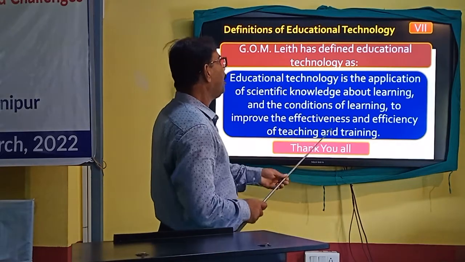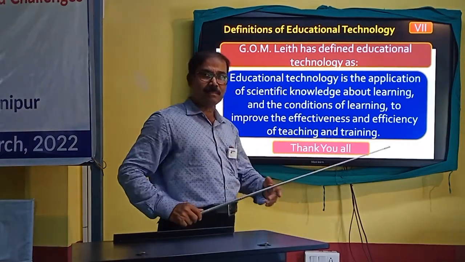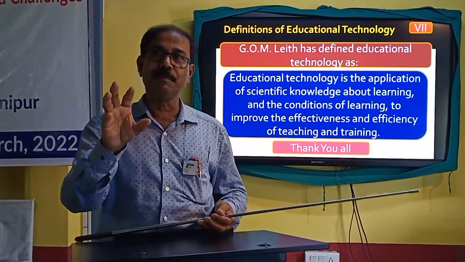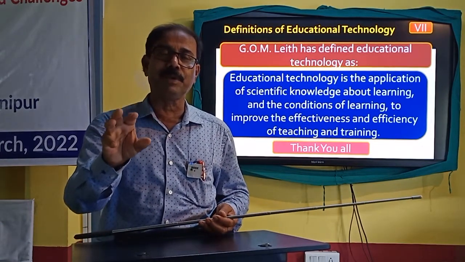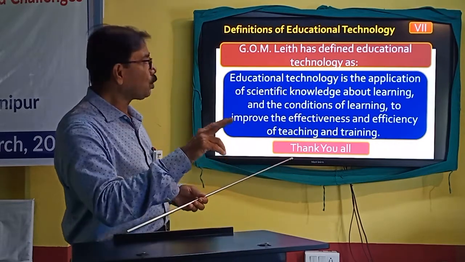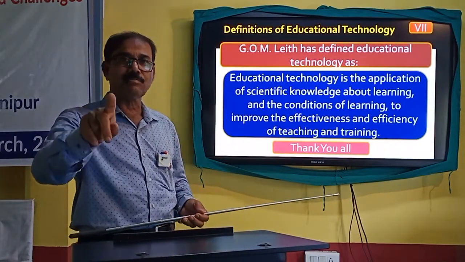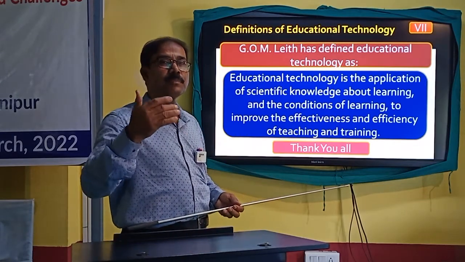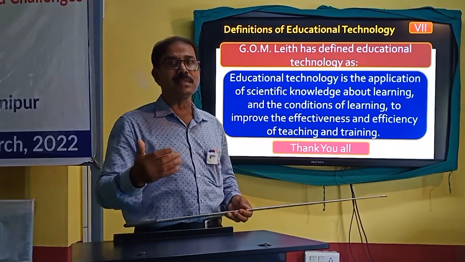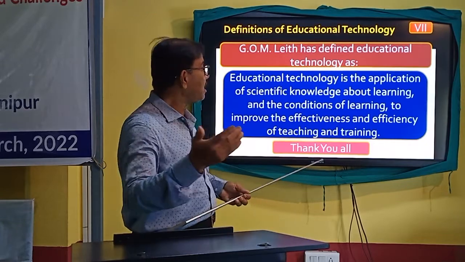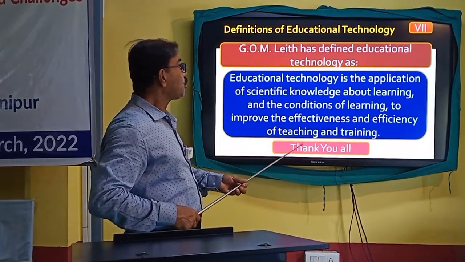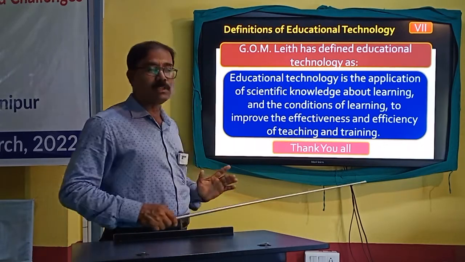So friends, for understanding educational technology, it is very important for each of us to understand the process of learning. The prime concern of the process of learning is the modification of behavior through experiences and training. To get experience, our learners are to face life situations.